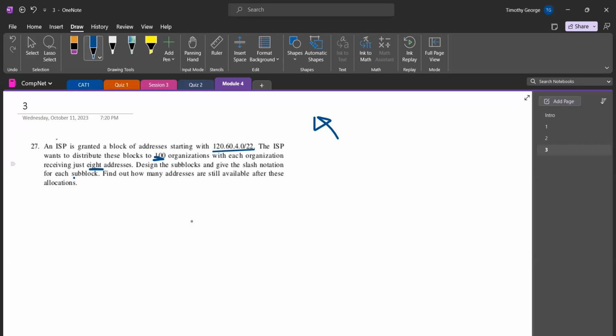Okay. So when you have IPv4, the first thing you want to do is convert this into binary. Let me find out the binary.